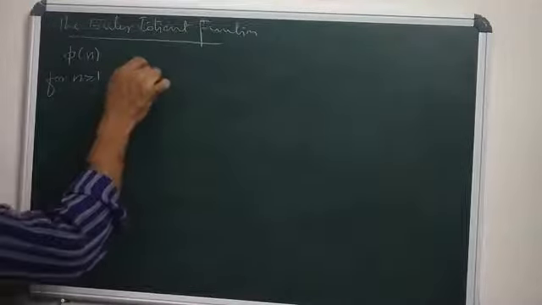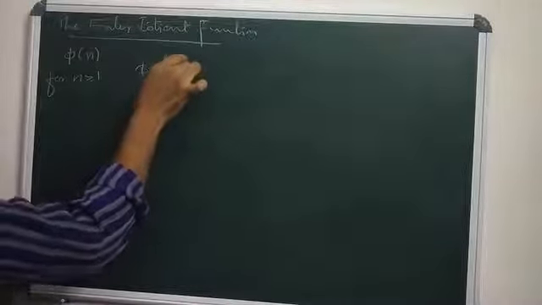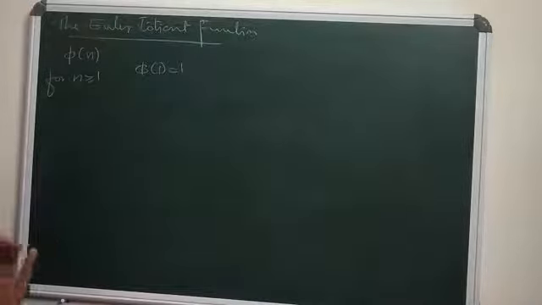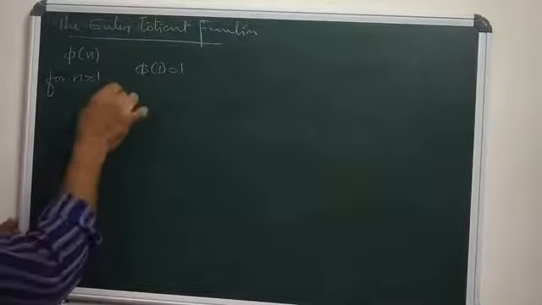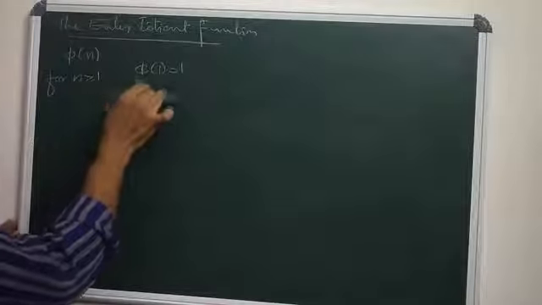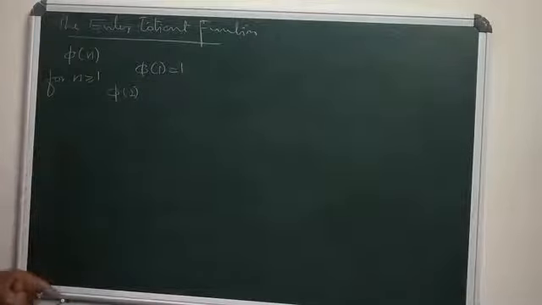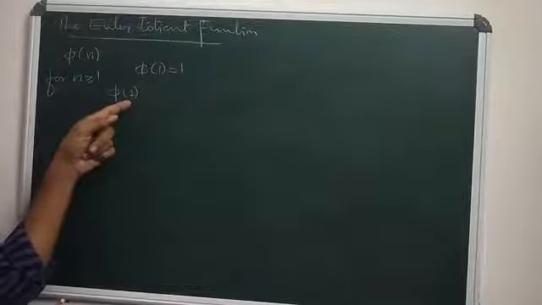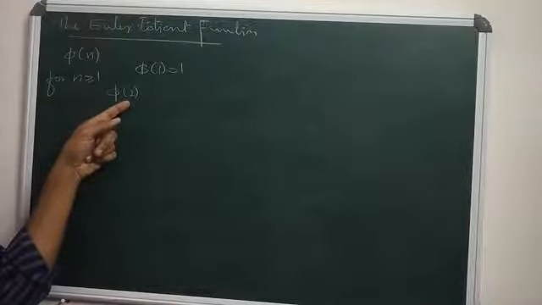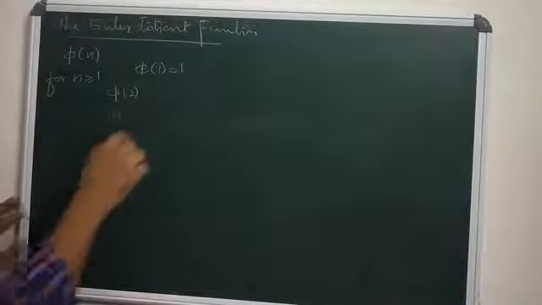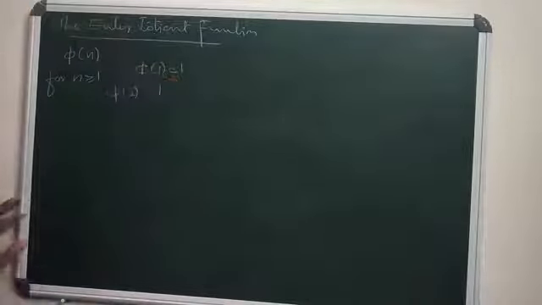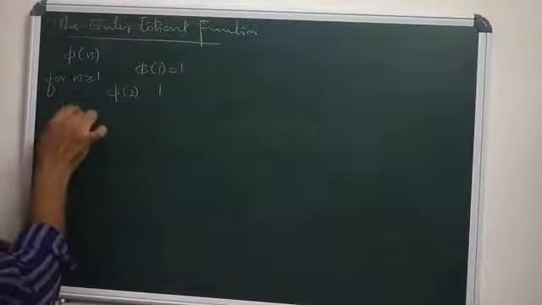So what is phi of 1? Simply phi of 1 equals 1. Okay. What is phi of 2? Phi of 2 means the number of integers not exceeding 2 and relatively prime to 2. So how many numbers are there? That is only 1. What is phi of 3?